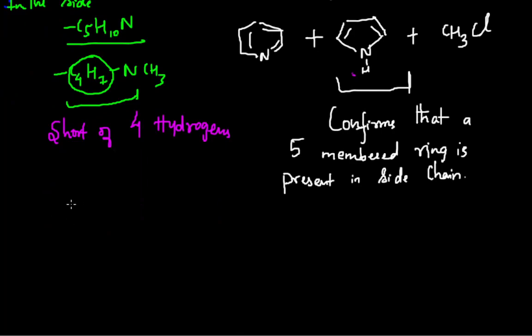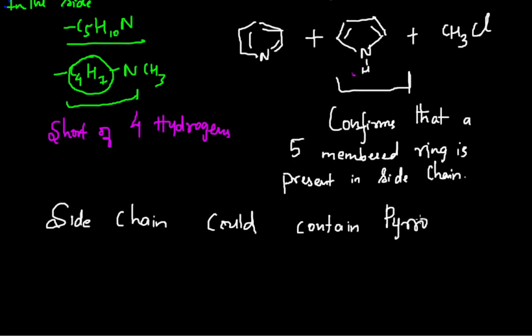So your side chain could contain not a pyrrole ring but a pyrrolidine ring. Only then can we account for 4 more hydrogens there. Okay, so what is the structure of pyrrolidine? Simple, it's a saturated pyrrole.